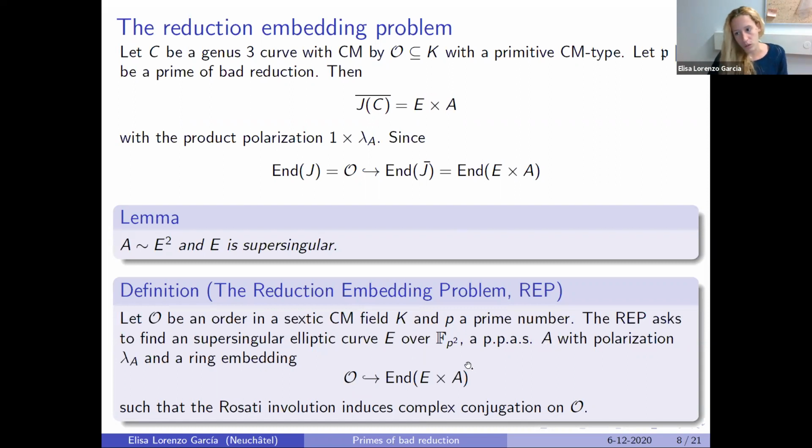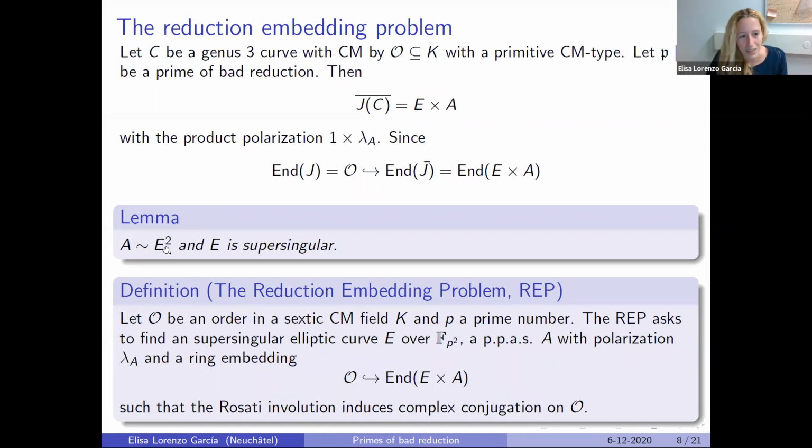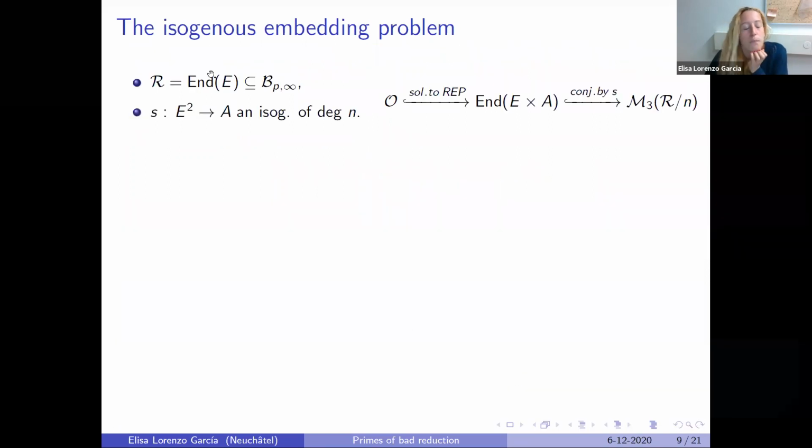So the idea now is that we are going to go a little bit further, and we are going to use explicit isogenies to do something. I'm going to call R the endomorphism ring of the supersingular elliptic curve. So this is an order in a quaternion algebra.